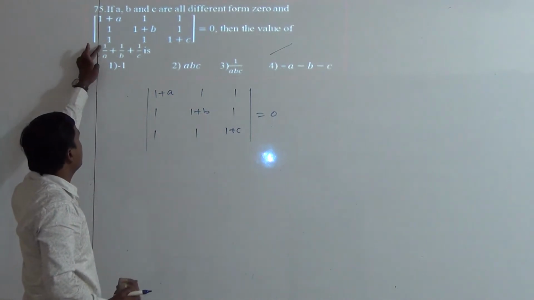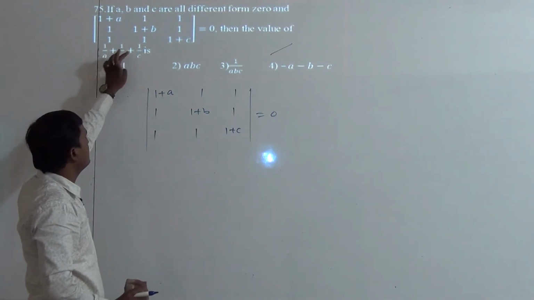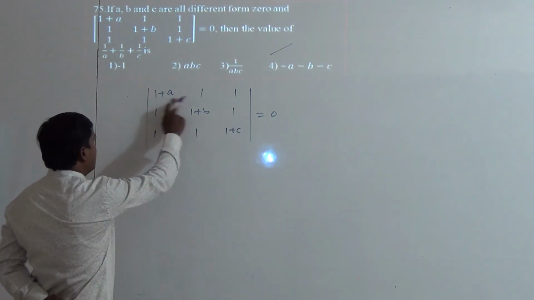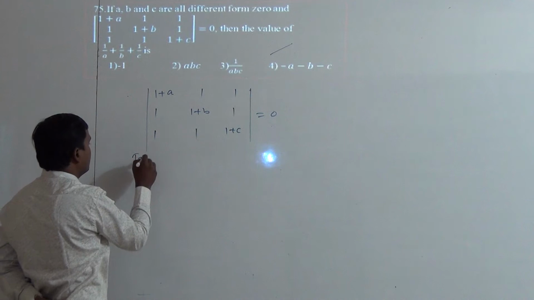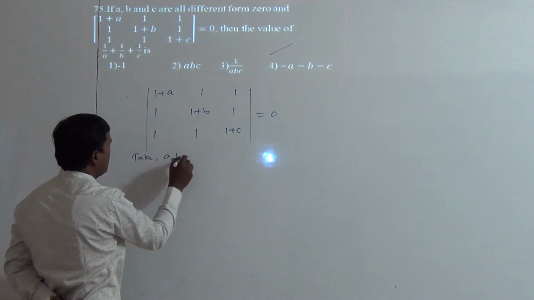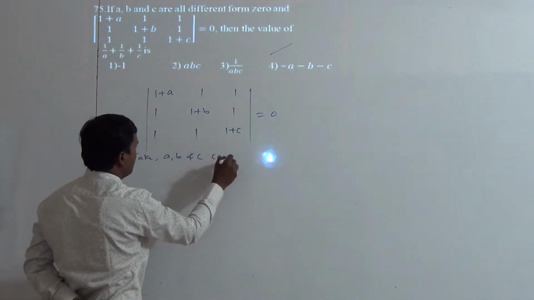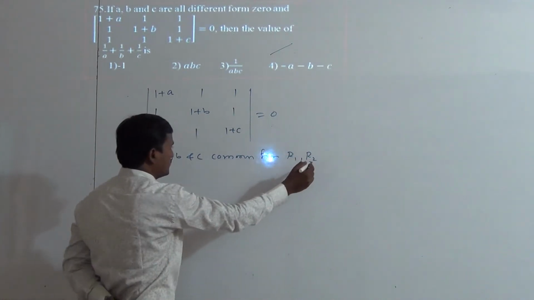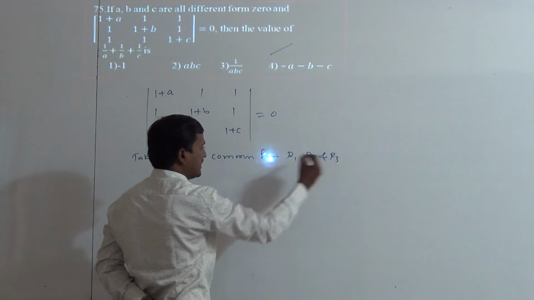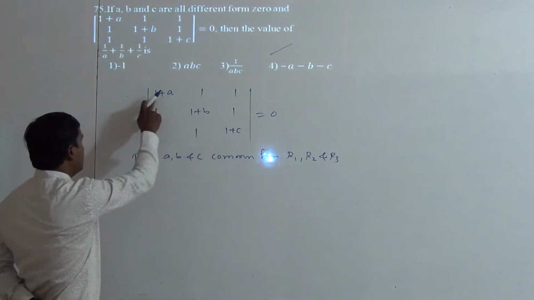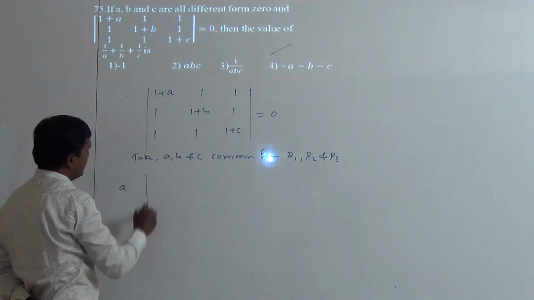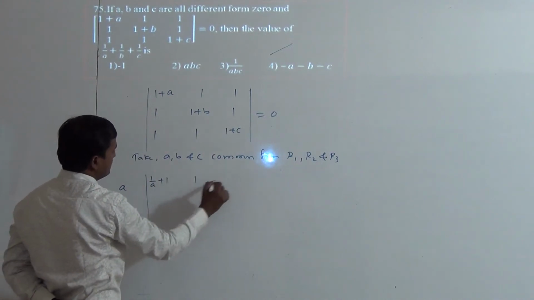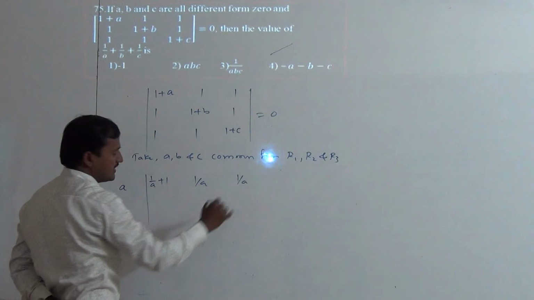Next, we should find the value of 1 by a plus 1 by b plus 1 by c. For this, take a, b and c common from r1, r2 and r3. Take a common from r1, so it becomes 1 by a plus 1, then 1 by a, 1 by a.